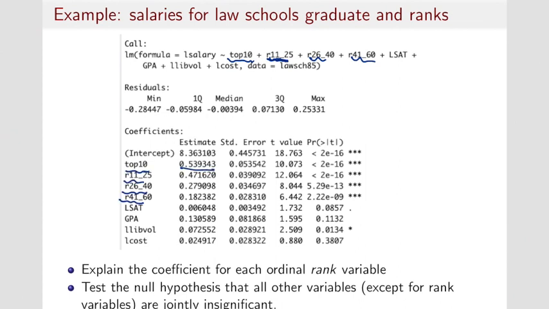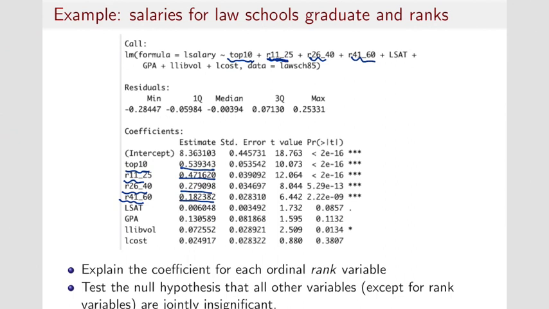We can check the coefficients for the different rank dummies. We see immediately that all of the dummy variables defining the different ranks are very statistically significant. Moreover, the partial returns of the ranks on the salary are quite different for law schools belonging to different rank groups.